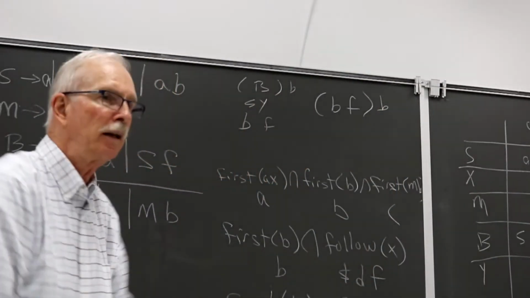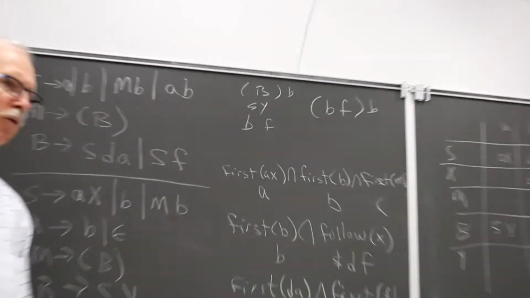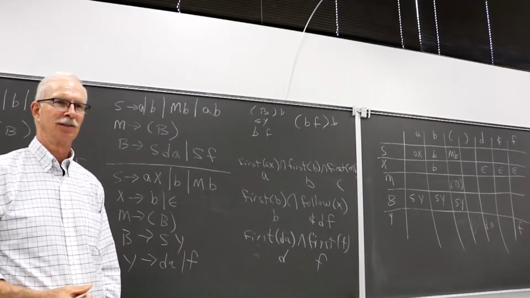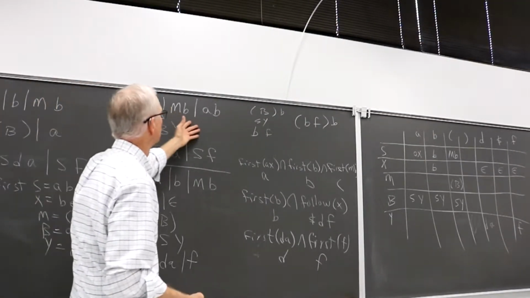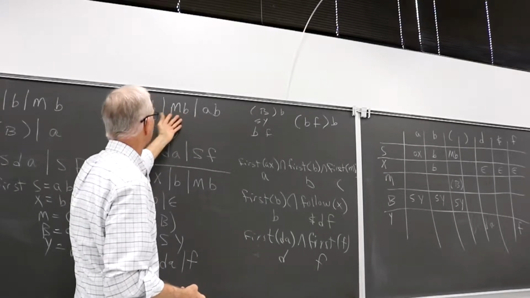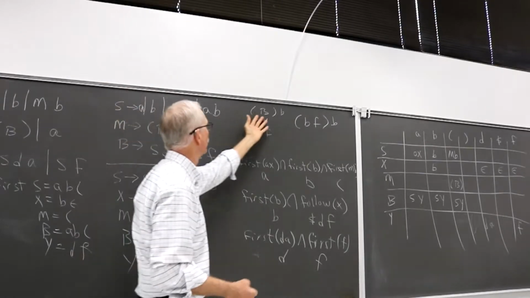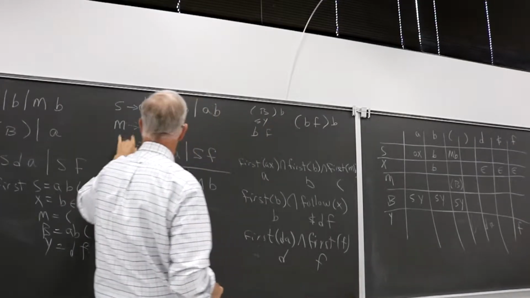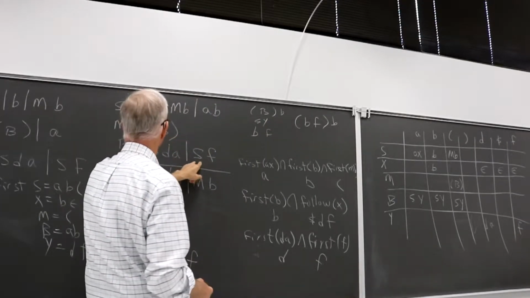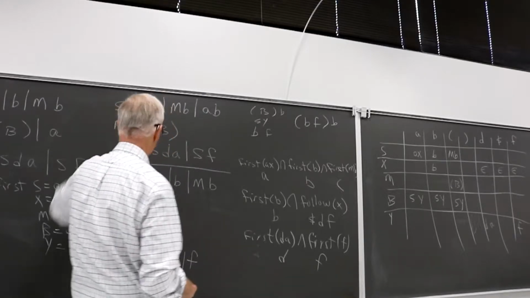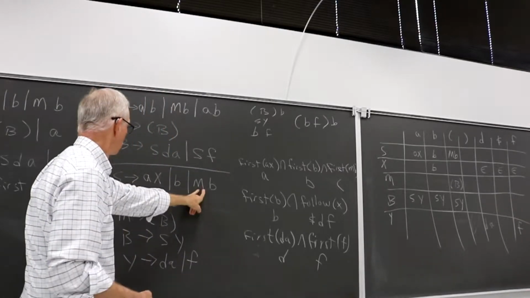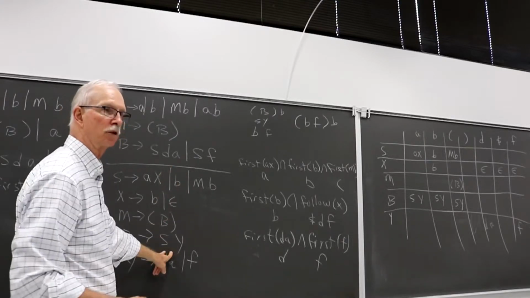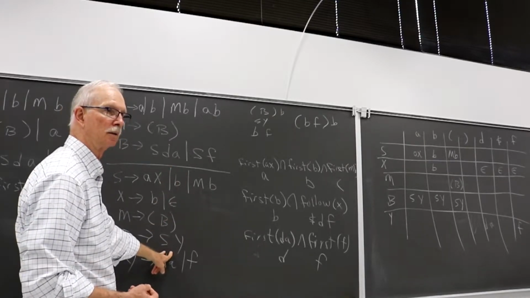I wasn't careful in generating a test string. It's okay. So I looked at the grammar and I said, well, I get an M, so I wrote that and I forgot about that B. And then B went to S. Well, I'm doing this one. So MB, B goes to SY, so I wrote the SY in there correctly.